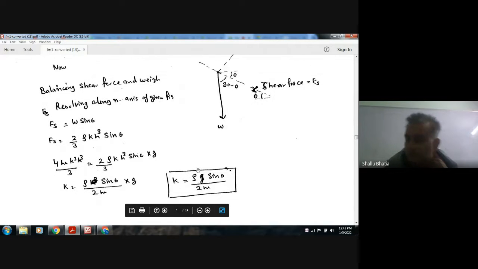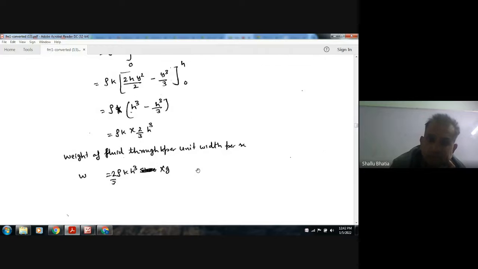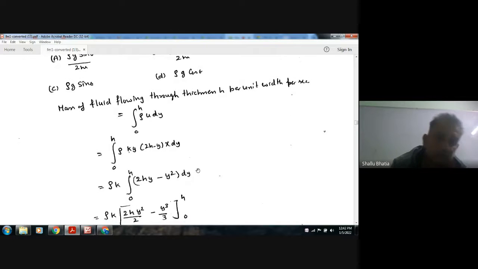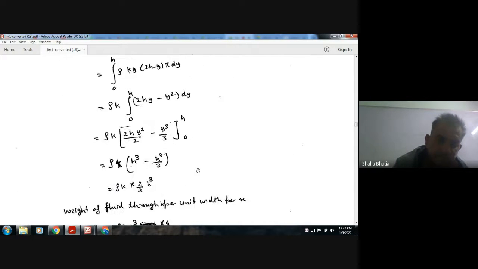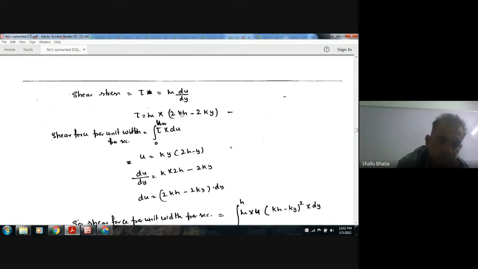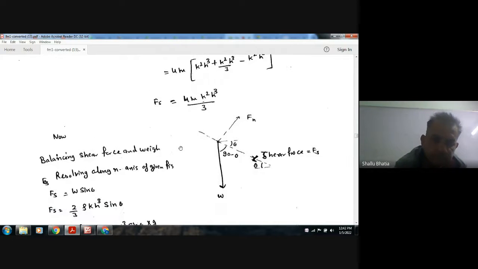So there are two things we need to find out k in terms of: first, the weight of the fluid flowing per second per unit width, and then the shear force per unit width per second.